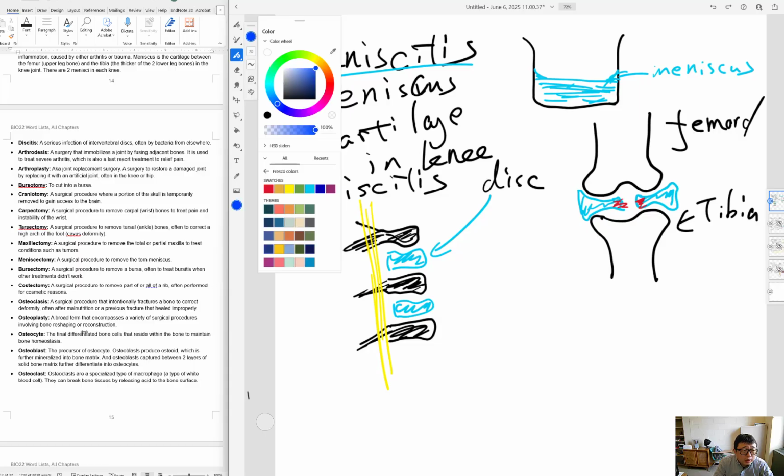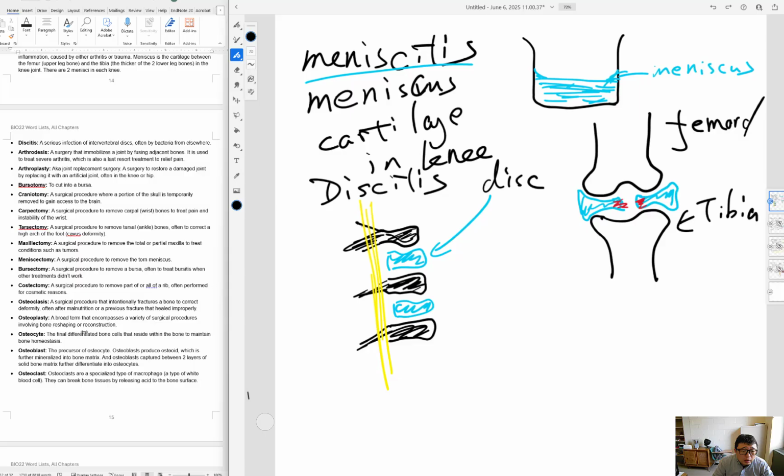I think I mentioned in the last one, if the intervertebral disc becomes larger, it will put pressure on the nerves from the spinal cord. And discitis means inflammation of the disc. Normally the disc does not really have those inflammations. Here is a very severe inflammation, because that means the bacteria from elsewhere has already migrated to the disc. So let's keep going.